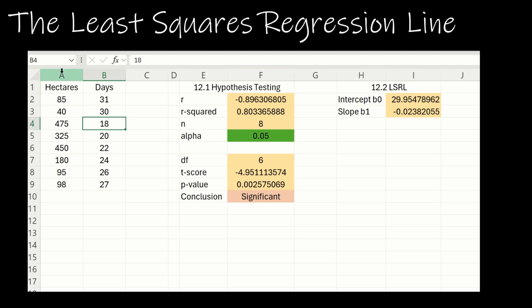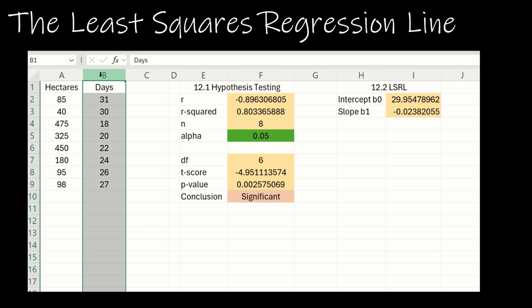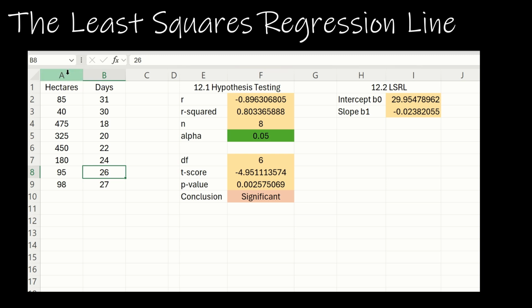We wouldn't say that the number of hectares that were burned affects the number of wetting days. The number of wetting days happens by Mother Nature. So even though all of this data is going to be the same either way, my least squares regression line equation is incorrect because I have these in the wrong order. Remember, A should always be the independent variable and B the response variable.